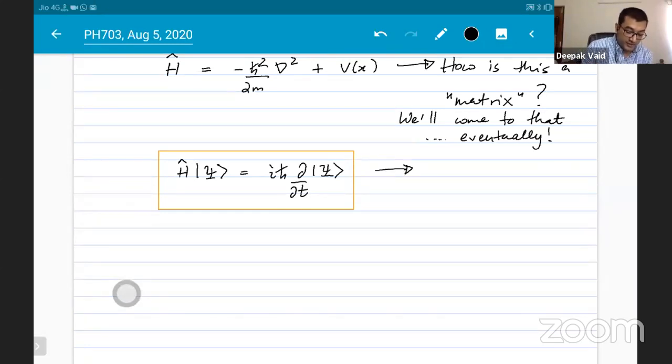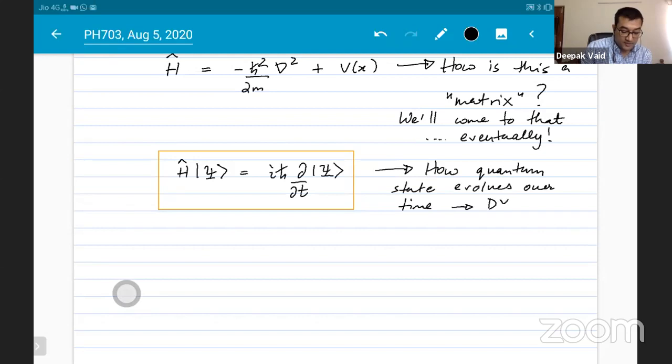So this equation tells us how a quantum state evolves over time. Okay, so this is the expression of dynamics.